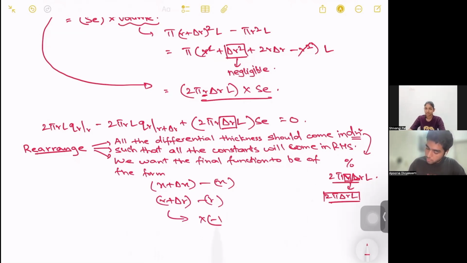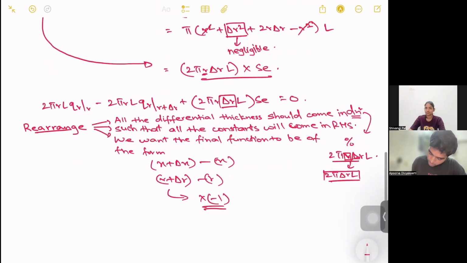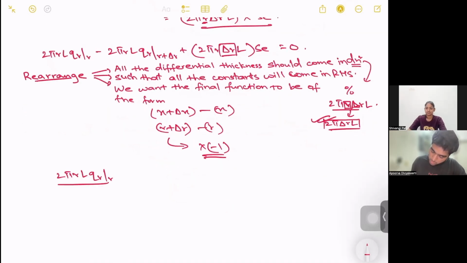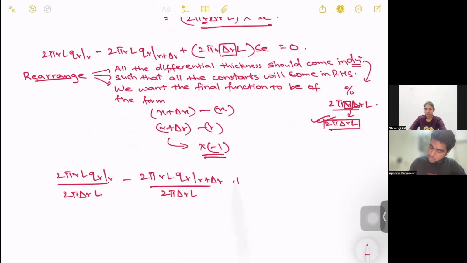First, we'll divide the equation by 2 pi delta R L. So what will we get now? 2 pi R L q_r at R divided by 2 pi delta R into L, minus 2 pi R L q_r at R plus delta R divided by 2 pi delta R into L, plus 2 pi R delta R L into S_E divided by 2 pi delta R into L equals 0.